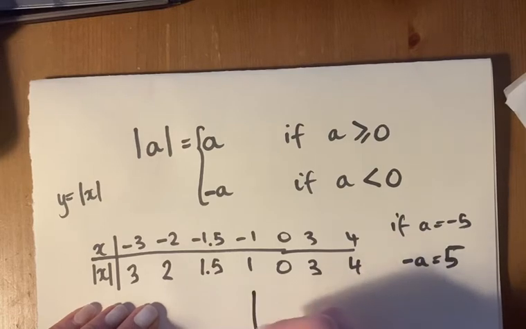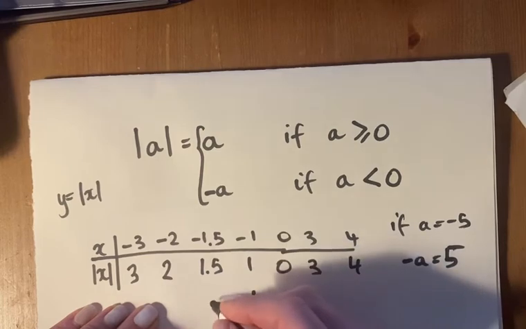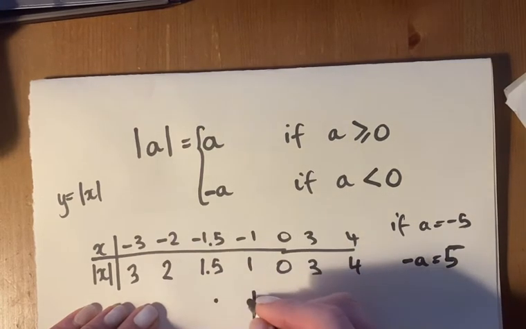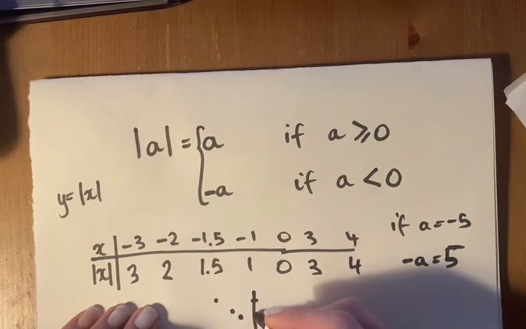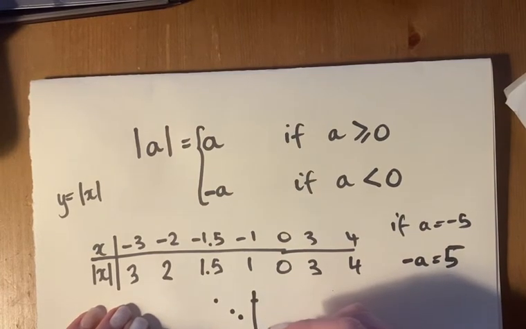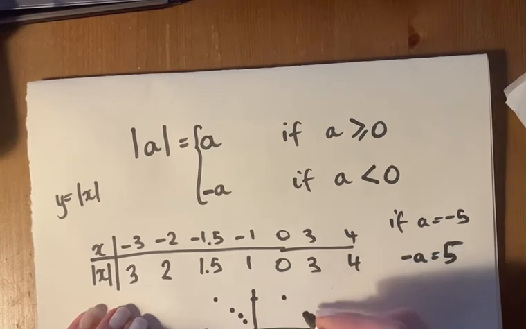If I plot these points, minus 3 against 3 will be over here, then minus 2 against 2, then you will have minus 1.5 somewhere here, then 0, 0, minus 1, sorry, so there, 3, 3, and then 4, 4.